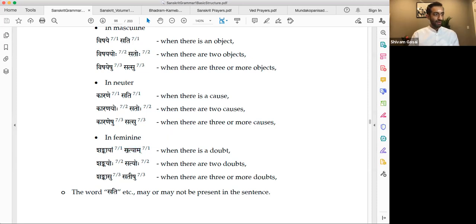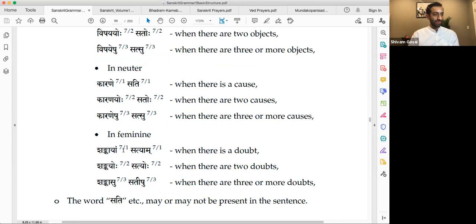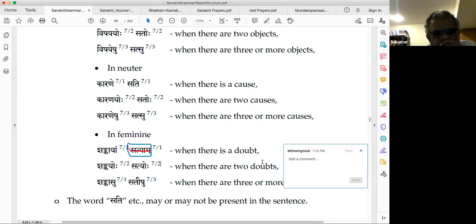So when the word is in feminine, then sati will also become feminine. So when the 7-1 is qualifying a feminine word, they both become the same case. So sati becomes satyam when it's in feminine. Oops, the line wasn't supposed to go through there.